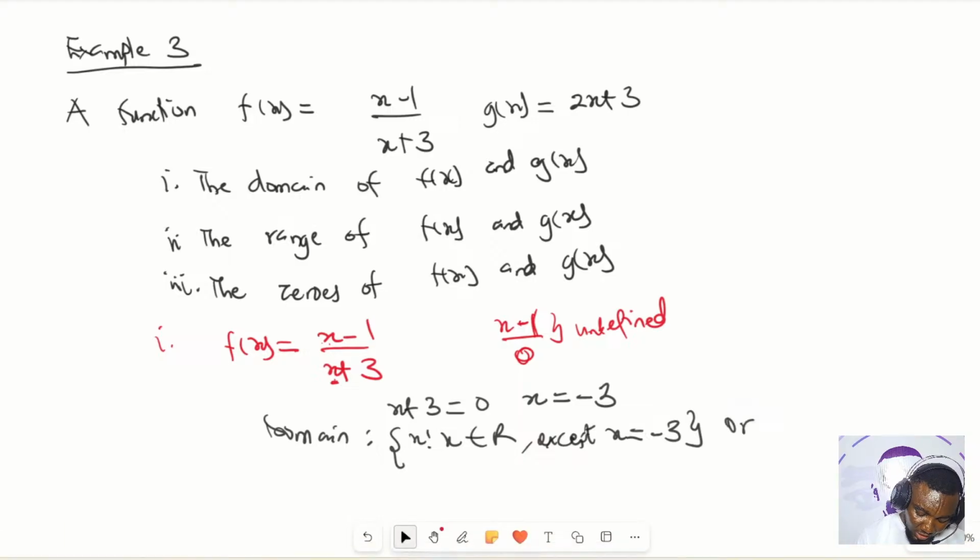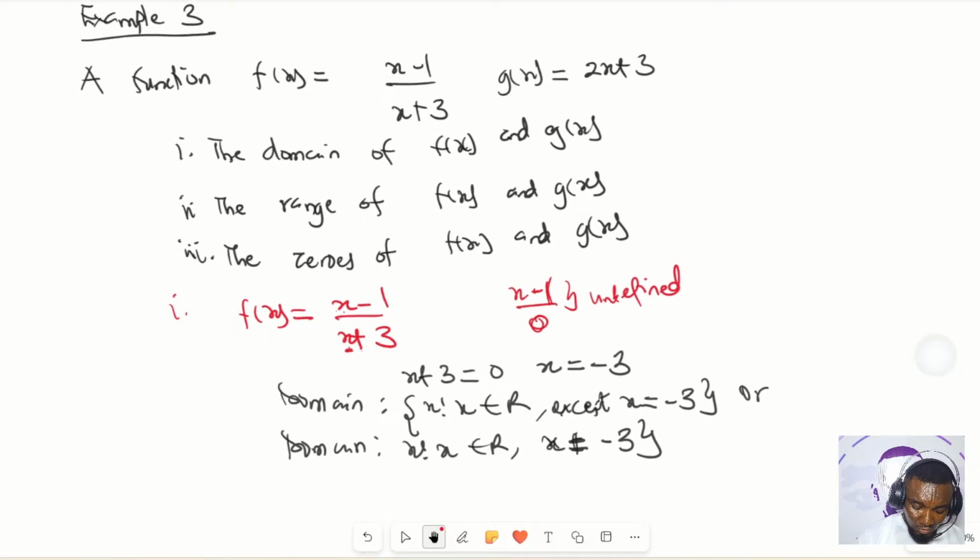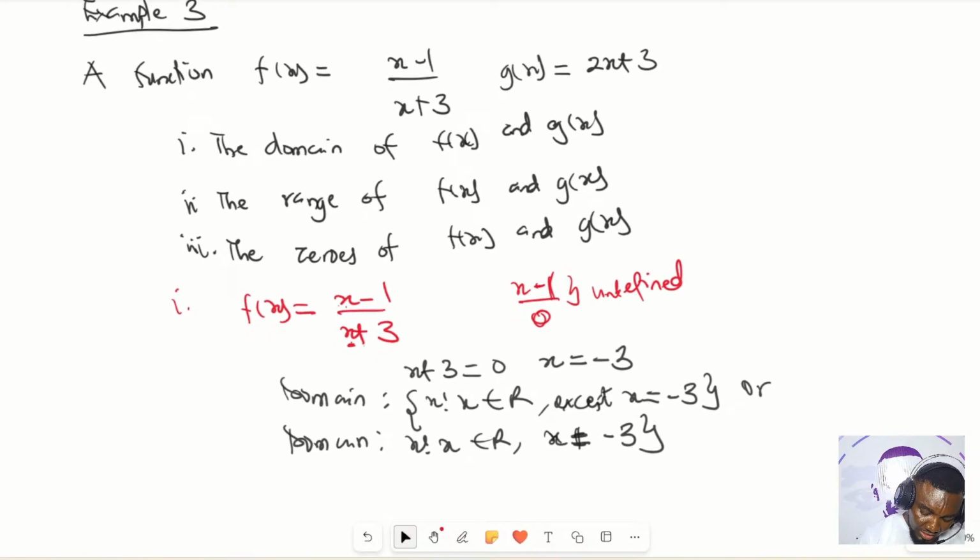Or we can also write the domain of the function as x such that x is a member of all real numbers where x is not equal to -3. So when we want to write it without the except, you have to write that x is not equal to -3, because when x is equal to -3, the denominator of the function becomes undefined, and that term will not be of benefit to the domain of the function.